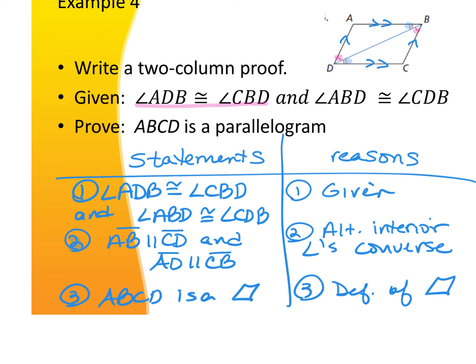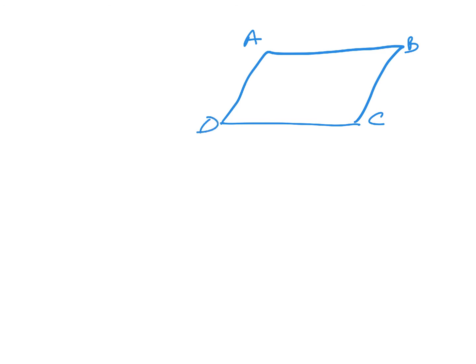And we're going to do this on Friday. We'll do extra proof practice. So I'm going to draw a parallelogram in here, and I'm going to label it as A, B, C, D. And I'm going to give that AB is parallel to DC, and that AB is also congruent to DC.